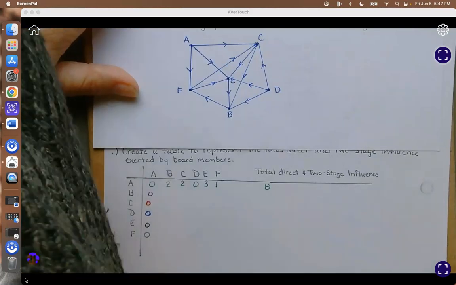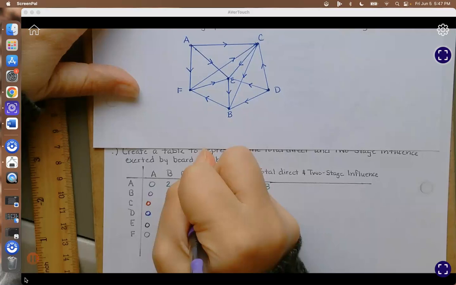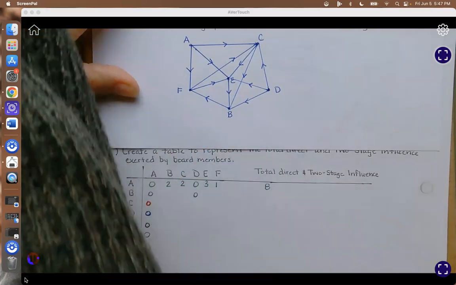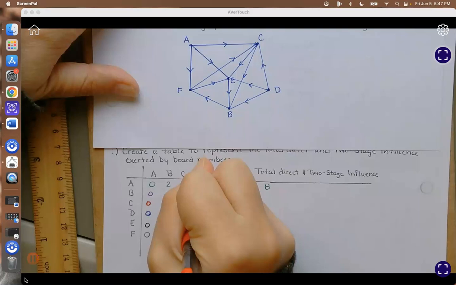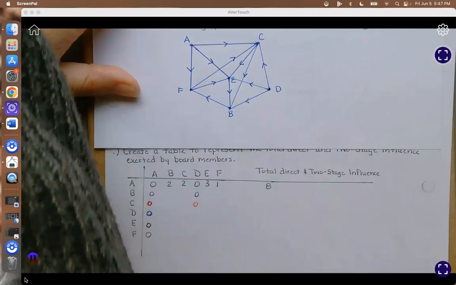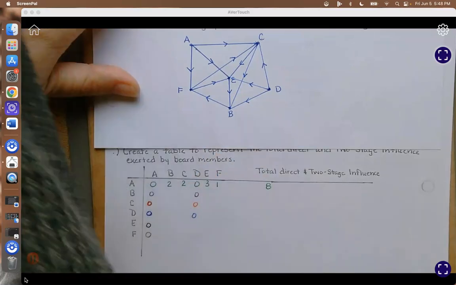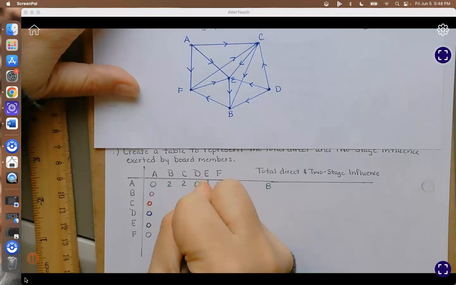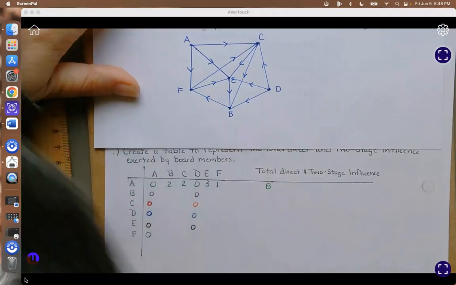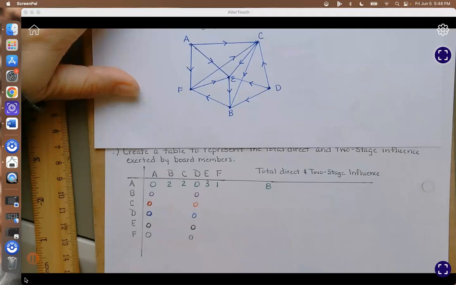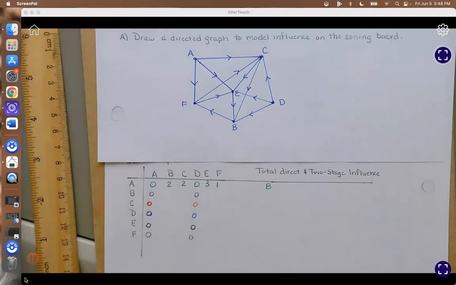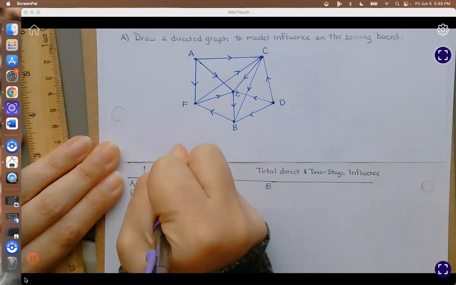Also, there are no roads into D. So we can put zeros here as well. Okay, to get from B to B, you can't get to yourself. So I can go B to B and put a 0.